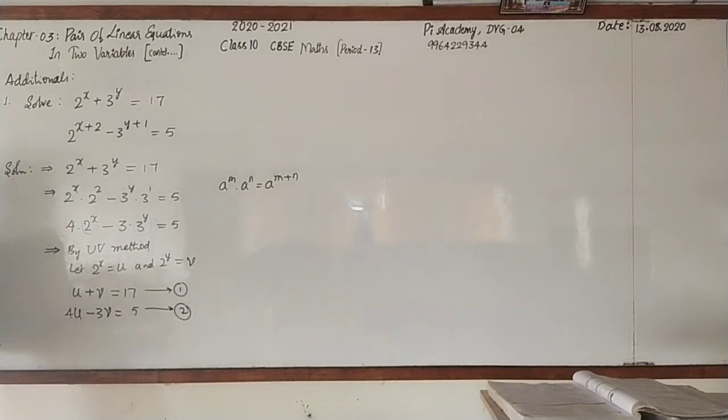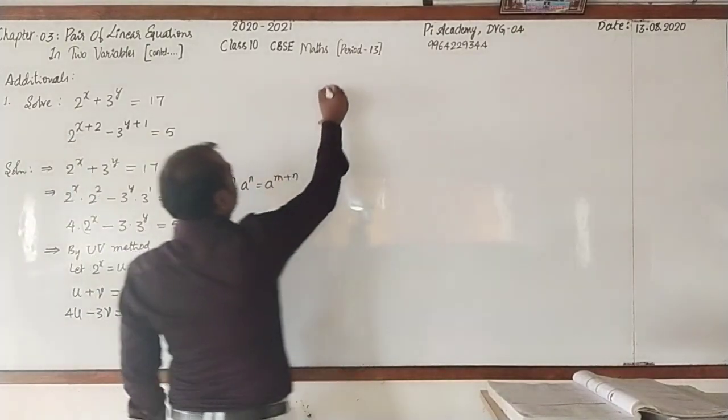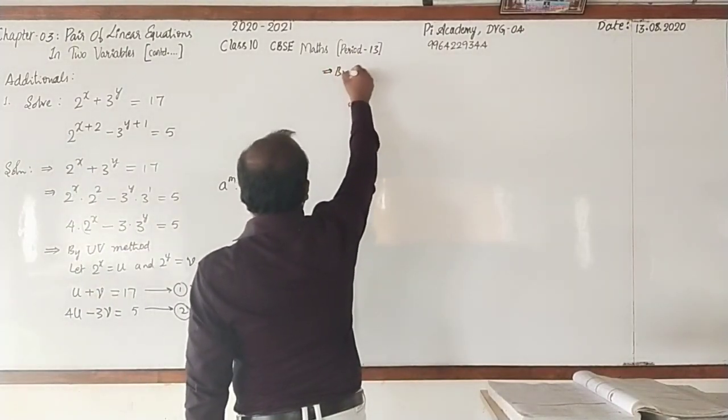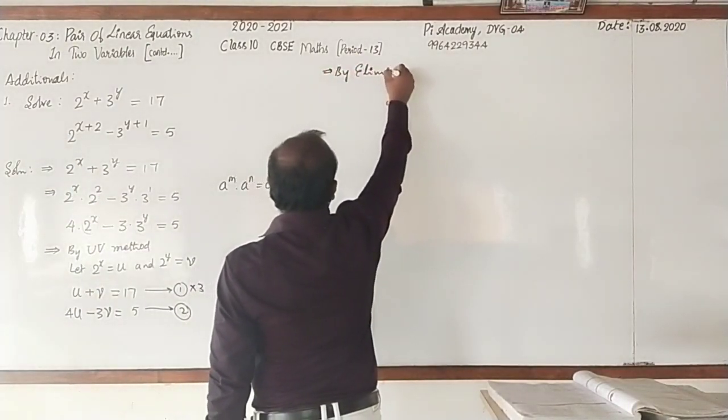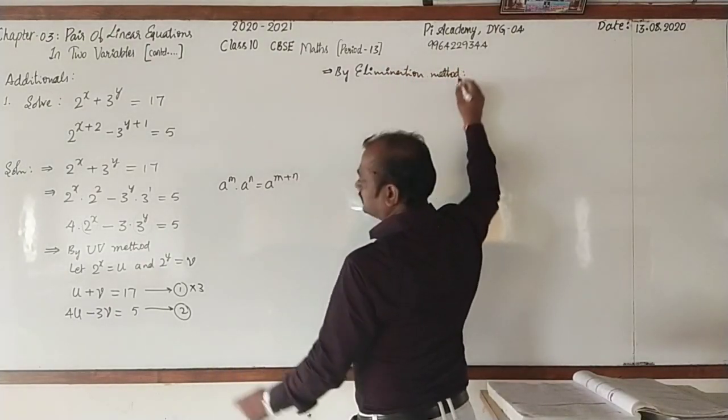Then how do you go for solving this? Yes, by the elimination method. See here, the coefficient of v: here minus 3, here 1. So let us multiply this by 3. By elimination method, how do you write the first equation?